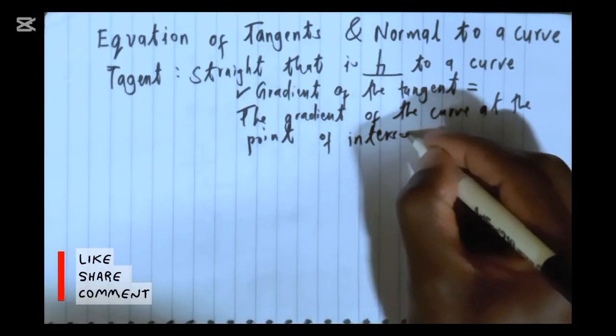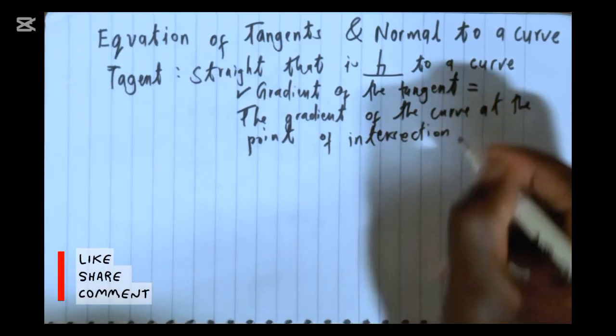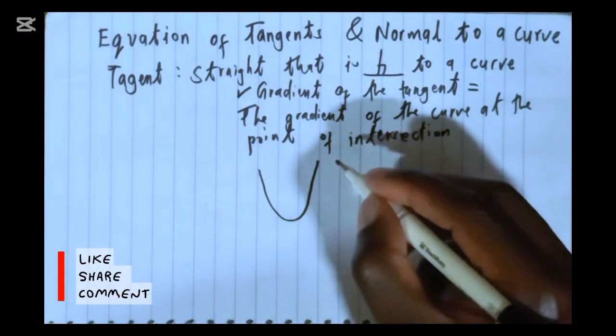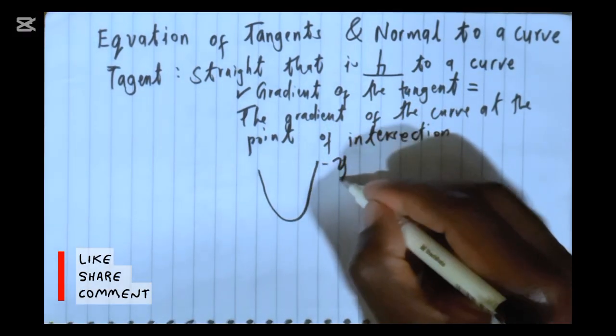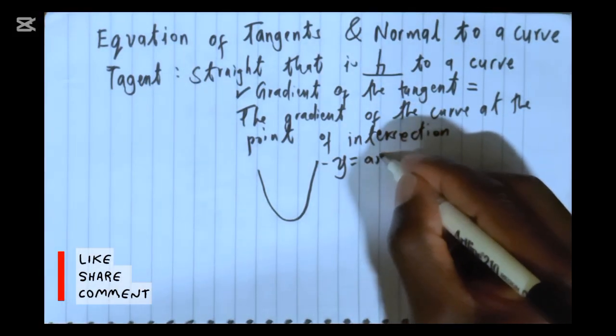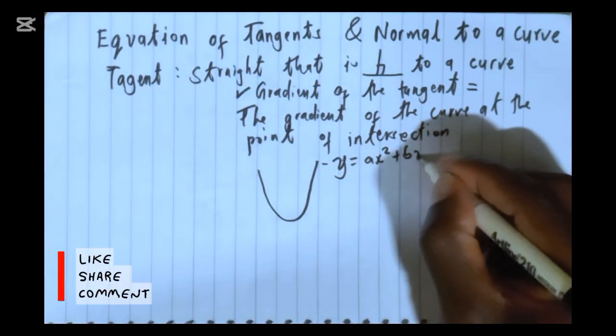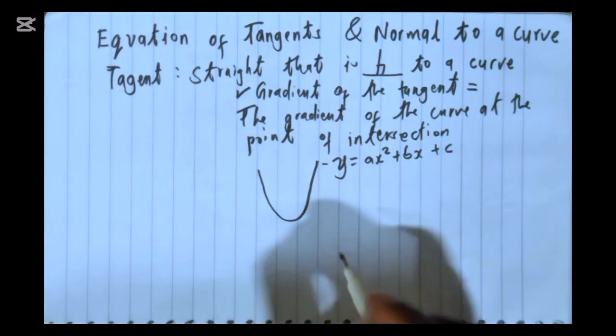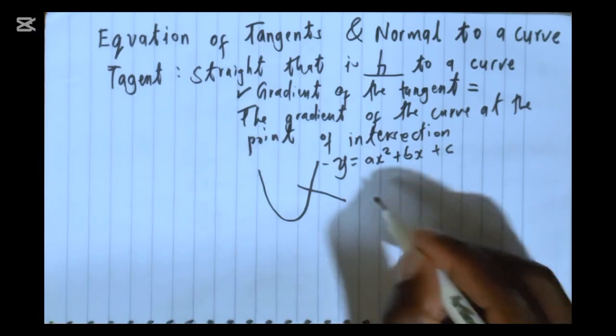Maybe if I just clarify what this means. Let's say we have a curve here. I'm going to give it a random equation: y equals ax squared plus bx plus c. Let's say we have a curve there, and that we have a tangent here.